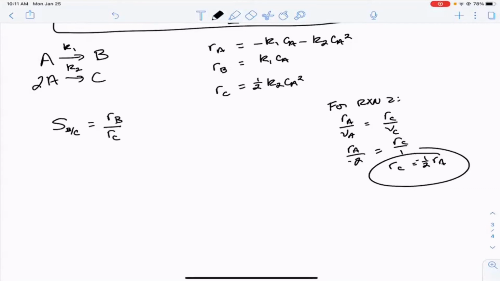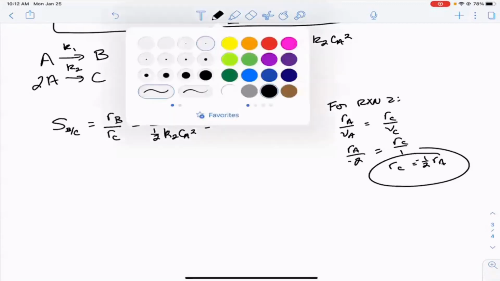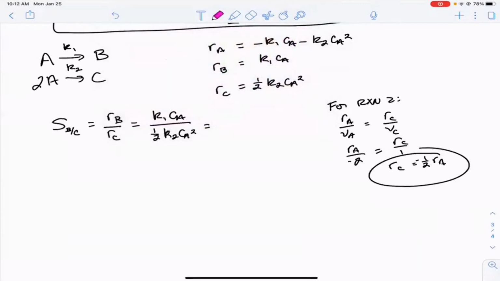And that is equal to K1 times CA divided by 1/2 K2 CA squared. So if we look at what is going to go away here, that CA is going to get rid of the squared, and we end up with 2K1 over K2 times CA. So now the selectivity is not going to be a constant as it was in the previous problem.